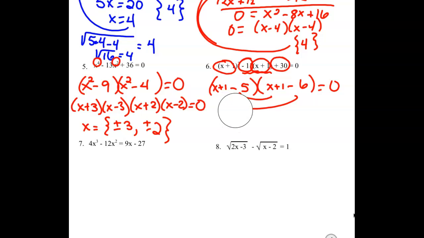And now we can do some simplifying. We have x plus 1 minus 5, so this is really x minus 4. We have x plus 1 minus 6, so that's really x minus 5. So my solutions would be 4 and 5.